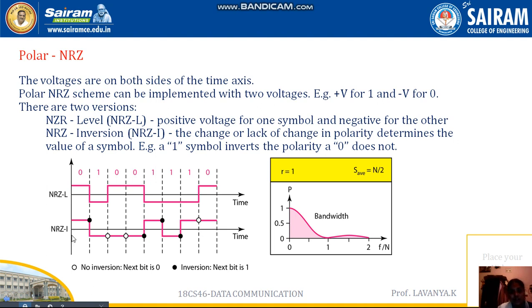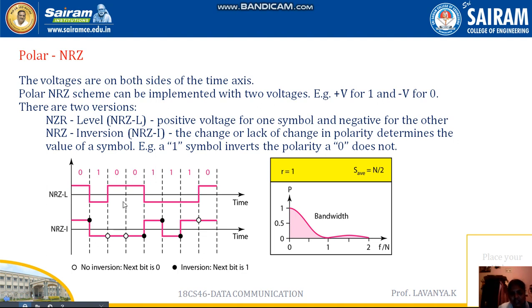Let me show this here. I have taken 0 as positive, the same method I applied in NRZ-L. In NRZ-I, 0 is positive and 1 is negative. Here I am passing the negative voltage.